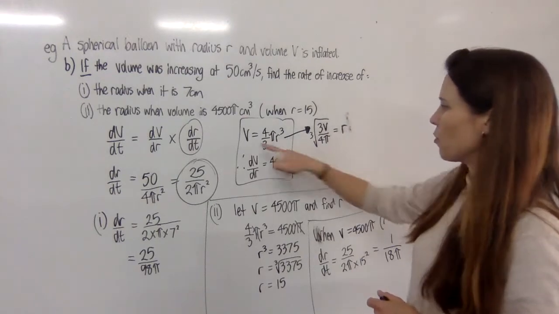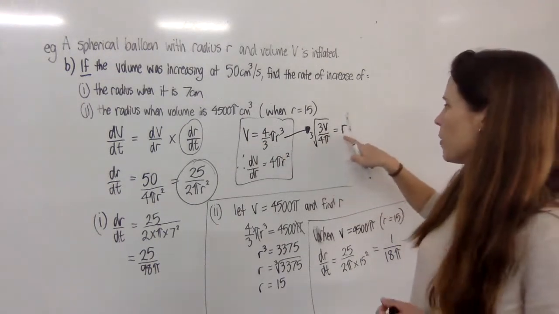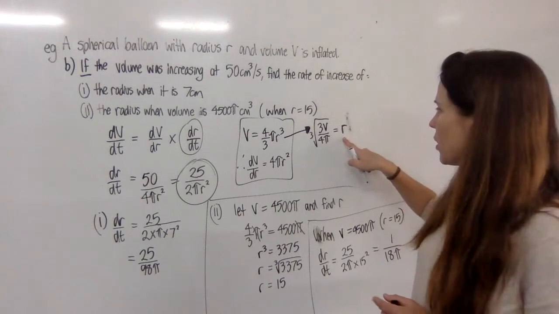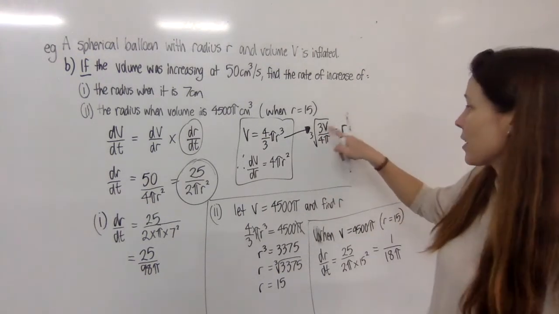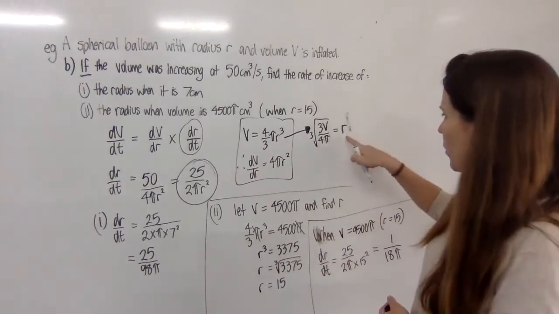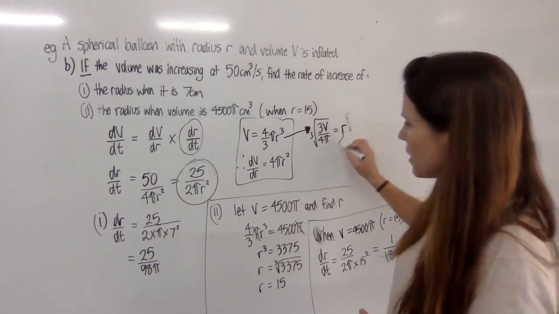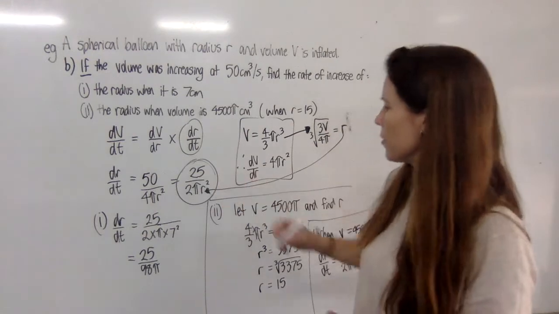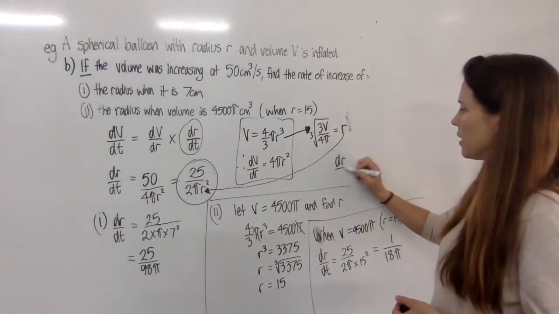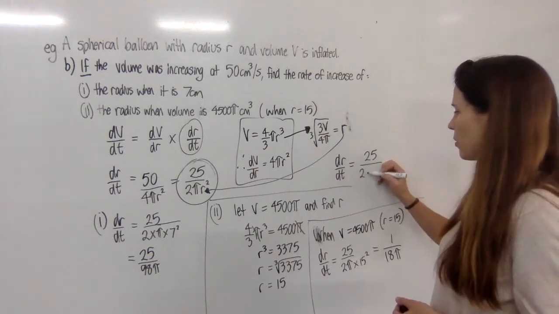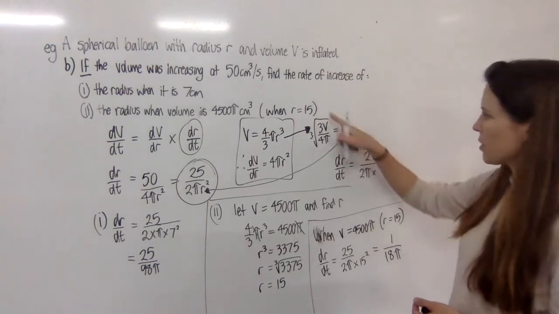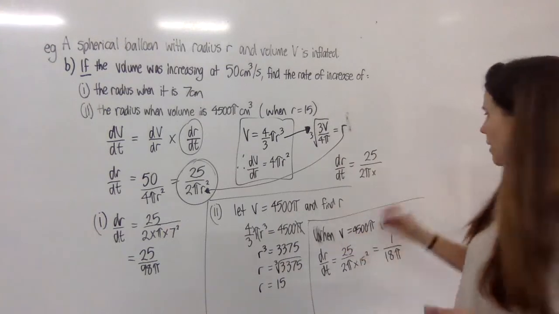This now is a formula for the radius, but it's in terms of V, isn't it? r is the subject, and it's in terms of V. So what I could actually do is just sub this in here, where the r goes, and I could say that dr/dt is equal to 25 over 2 times pi times all of this thing squared.